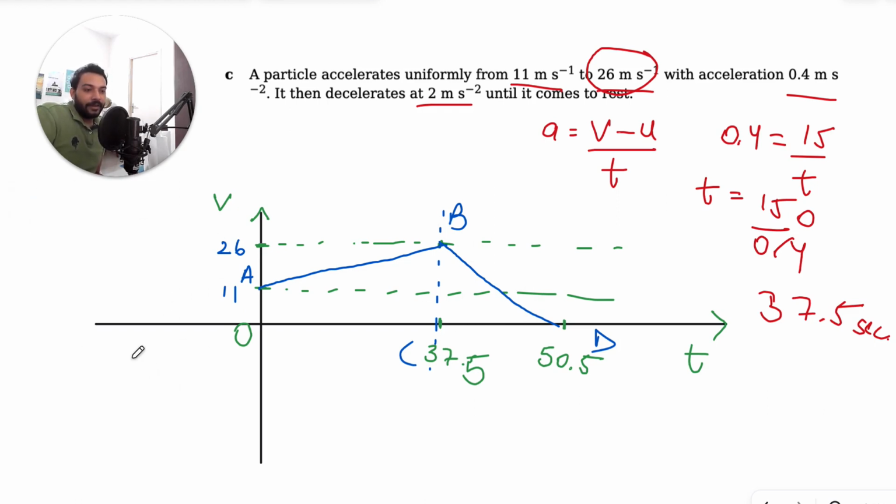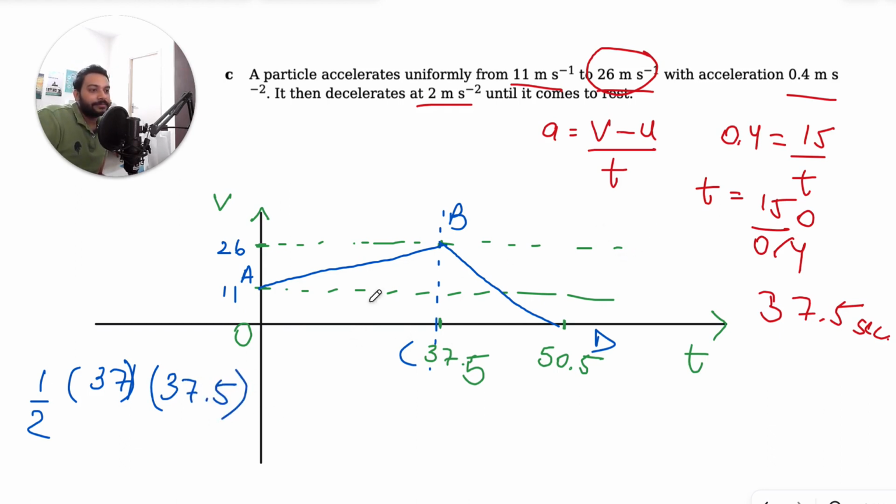Okay. Let's put the formulas. For OABC, 1 by 2, the sum of parallel sides. Parallel sides are OA and BC. So 11 plus 26, 37, multiplied by the distance between them. That is OC, 37.5.